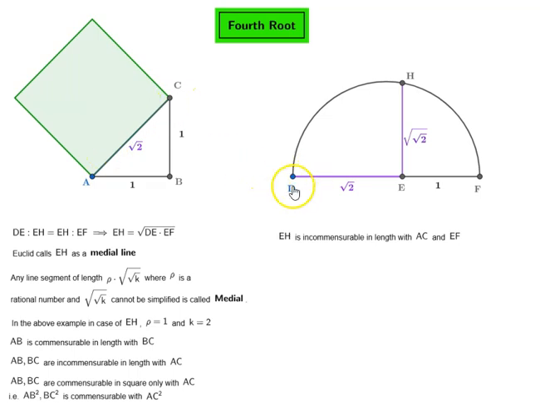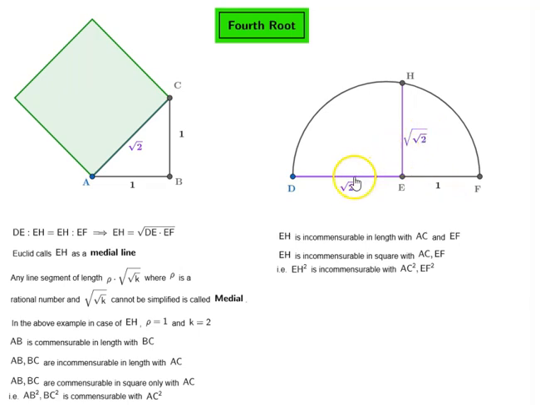Remember, AC is equal to DE. So EH is incommensurable in length with AC or DE and EF. EH is commensurable in square only with AC and EF. Because if you take the square, EH square is going to be root 2, and root 2 square is 2, and 1 square is 1.